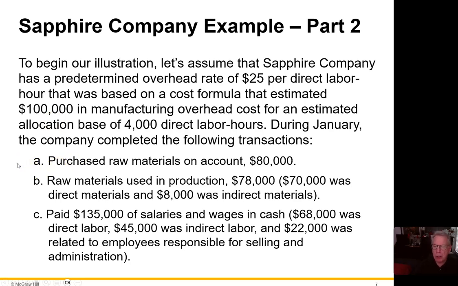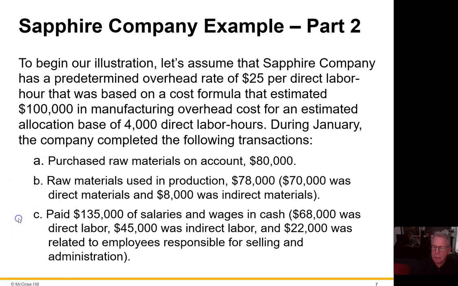Alpha, it purchased raw materials on account for $80,000. Bravo, raw materials used in production, $78,000. $70,000 was direct materials, $8,000 was indirect materials.